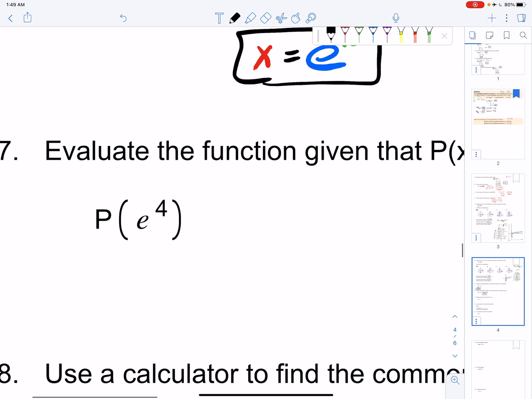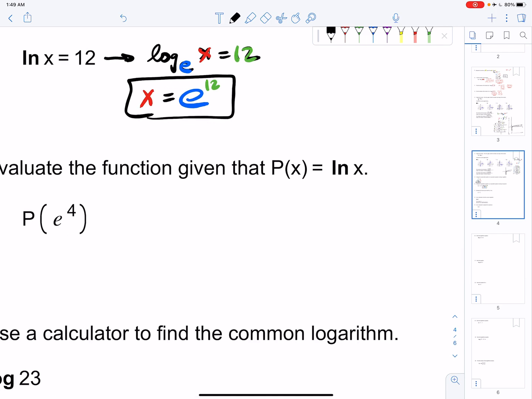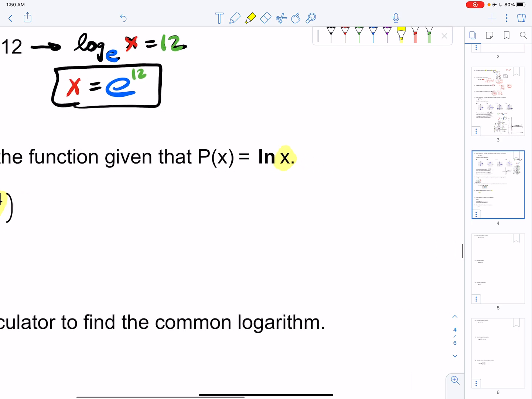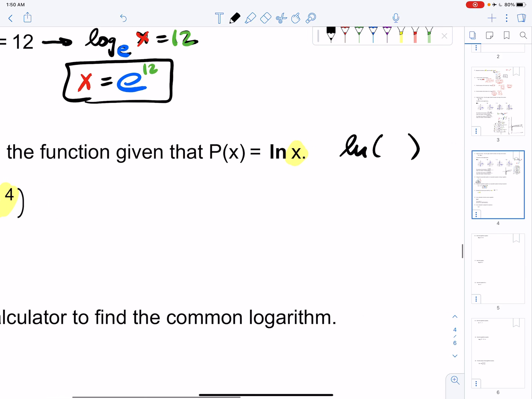Now we'd like to evaluate this function p of x. They would like us to replace x with e to the 4th and evaluate it. All right, let's do it. So we're going to have the natural log of e to the 4th.